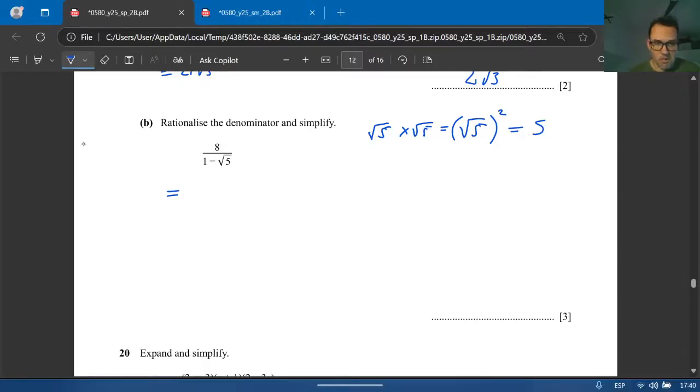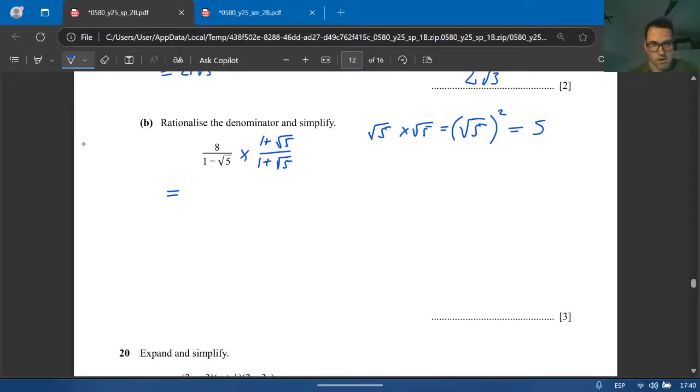So if we multiply this by root 5 over root 5, because that is 1, and we can multiply anything by 1, it stays the same. We can get rid of that root 5, but then we have to multiply the 1 as well, which would just end up with another root 5. And the way to get rid of this is to multiply it by 1 plus root 5.